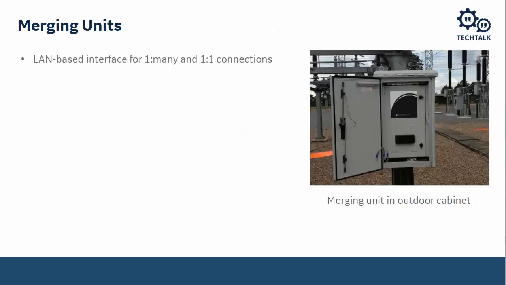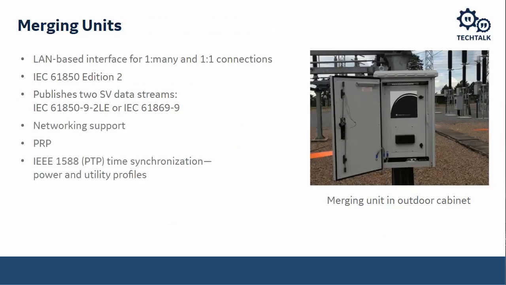So that's what the back of the relay looks like, and this is what a merging unit could look like. This particular merging unit is in an outdoor cabinet out in the yard. Now, the merging unit itself can be connected to a switched Ethernet process bus. In that case, it would be connected to a switch. It can be connected point to point directly to the back of the relay.